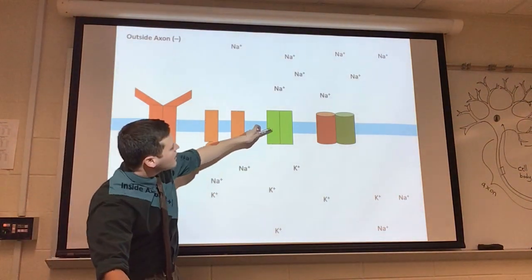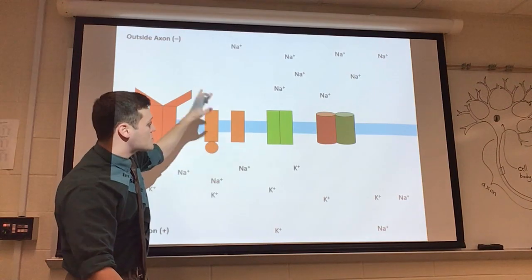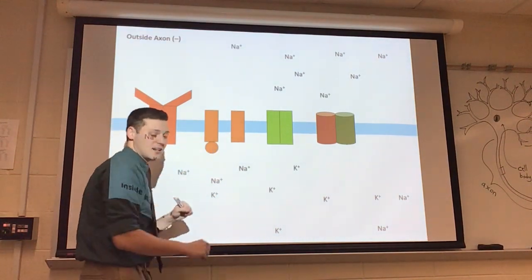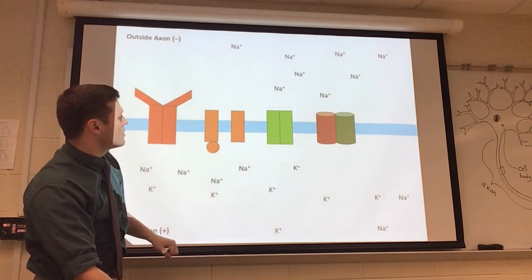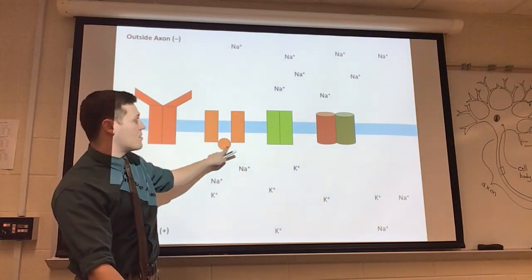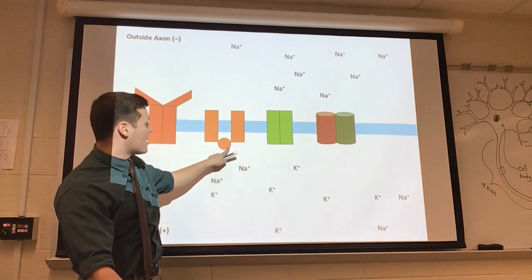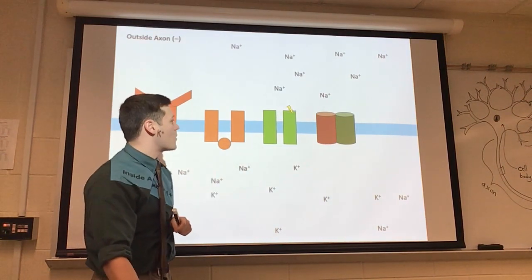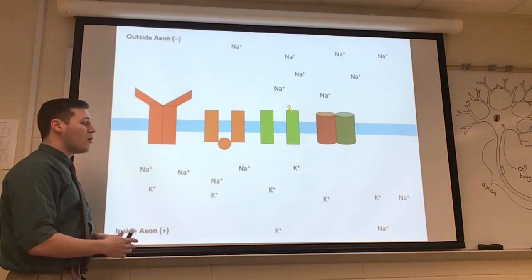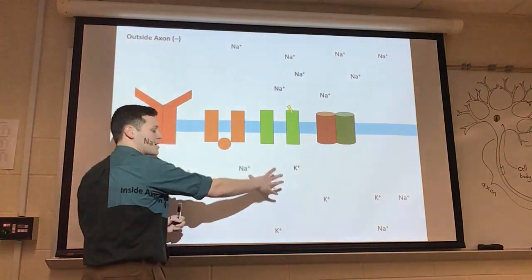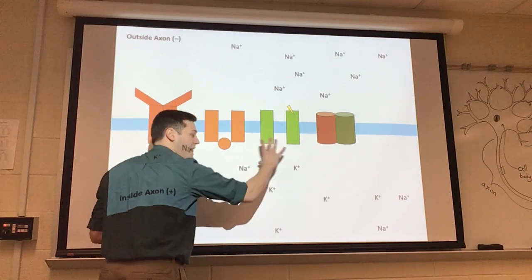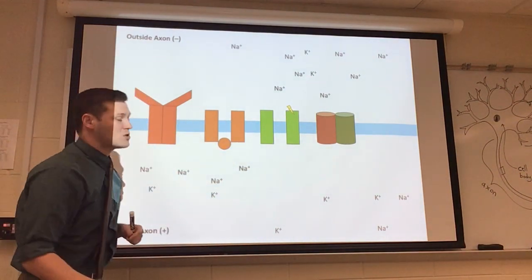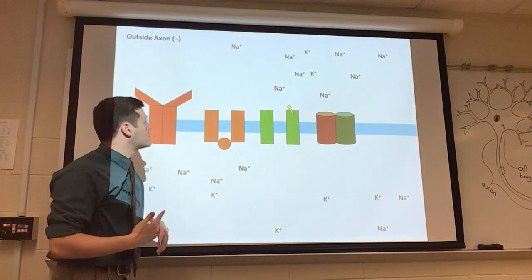Now, if we come back to here, once we have enough sodium in, and we have enough positivity in here, that's going to trigger two things. One, this sodium channel is going to be blocked, and two, this voltage-gated potassium channel is going to open. Now that this channel is open, because we had a higher concentration of potassium in here, that is going to move out towards the extracellular side.